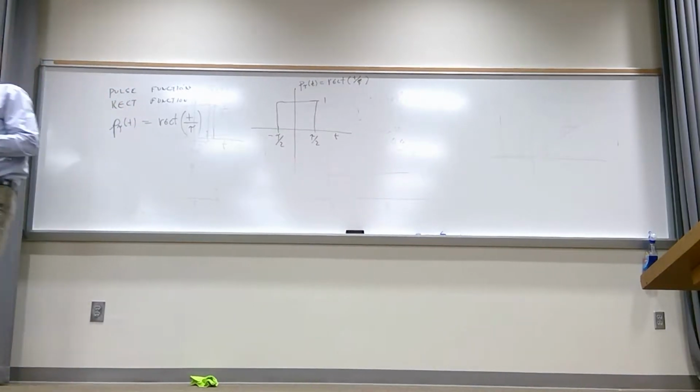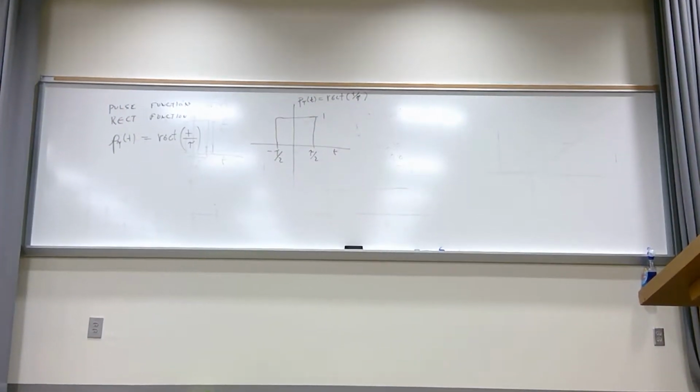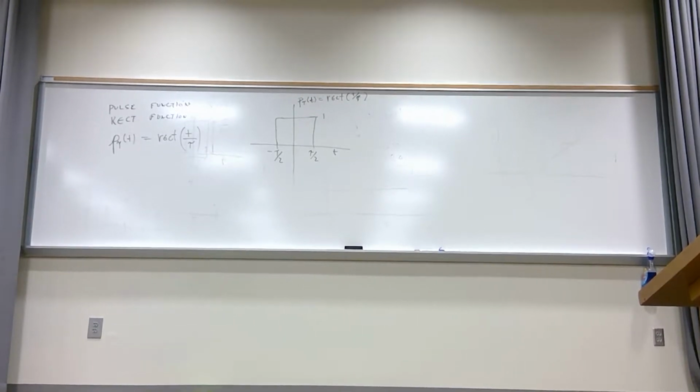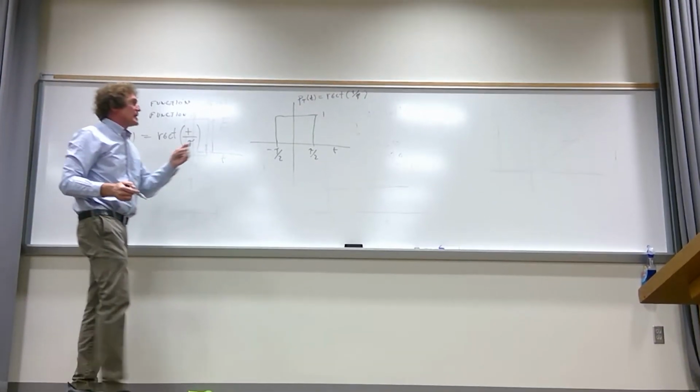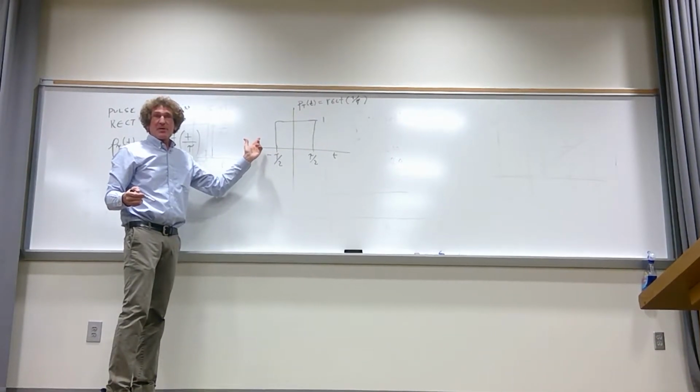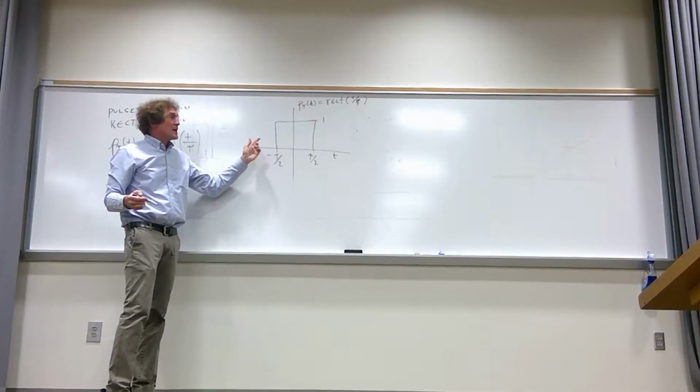Are you with me? Has anybody seen these functions at all? No? Well, they're useful, and you can actually build this function very easily out of a couple of u of t functions. Believe it or not, very easily. And I'll do it in a second, but take a look at that.